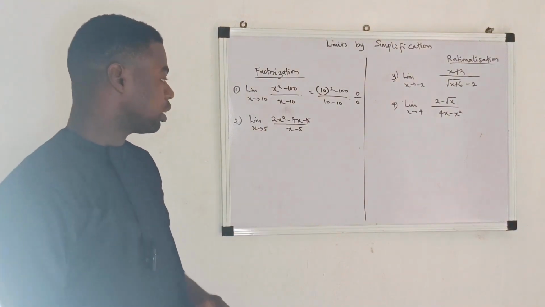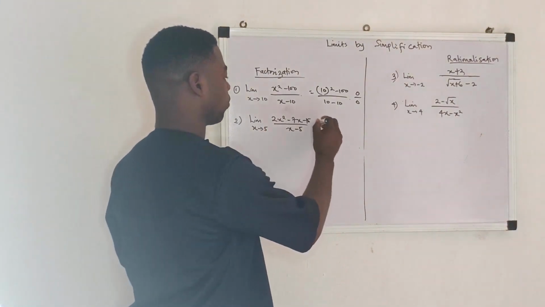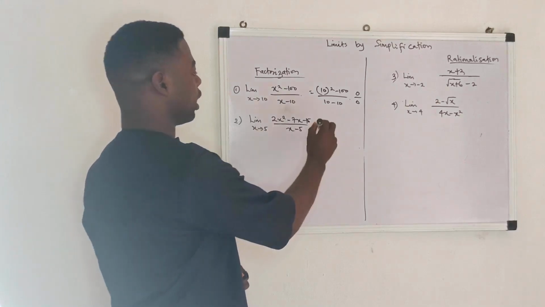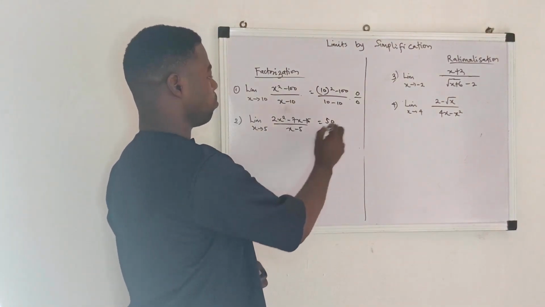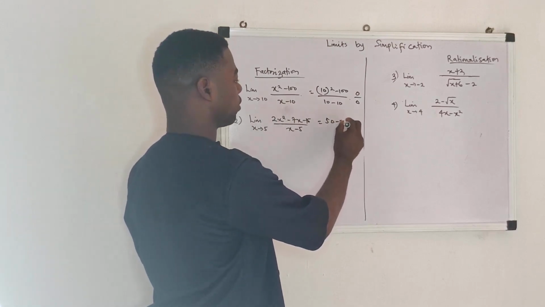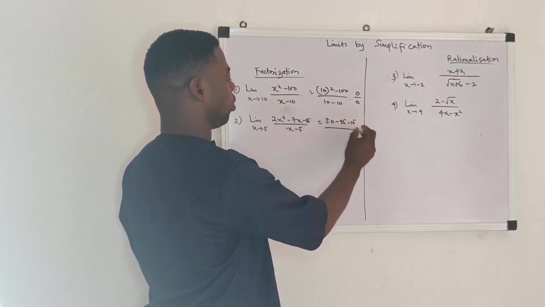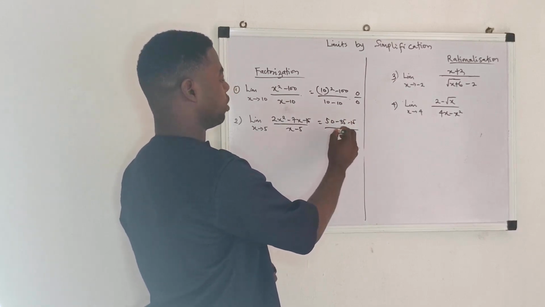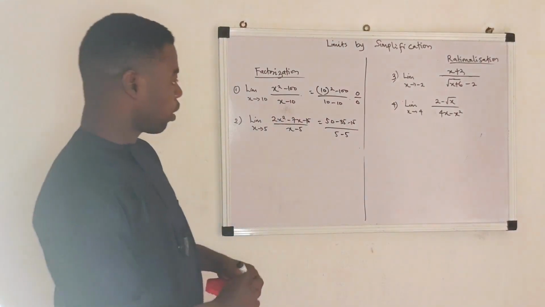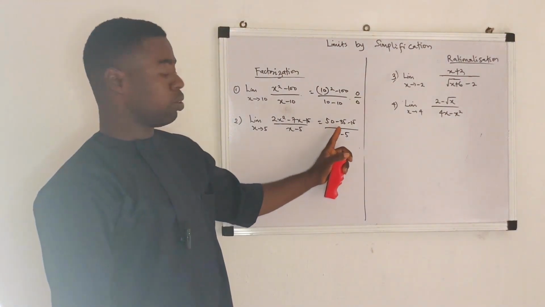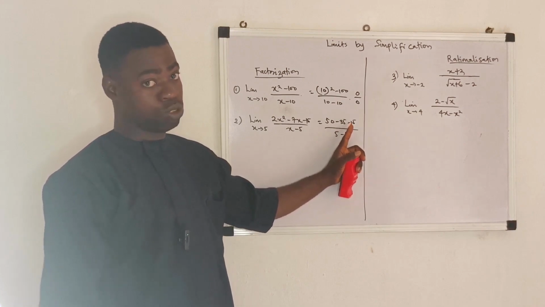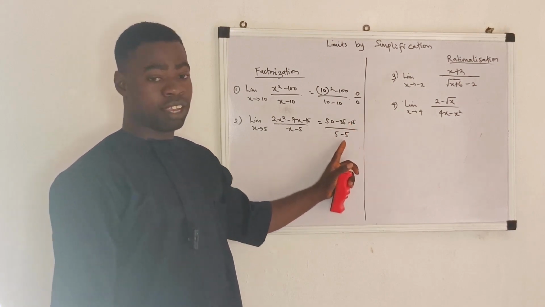If you substitute 5 for x, then 5 squared is 25, 25 times 2 is 50, minus 7 times 5 which is 35, minus 15, all divided by 5 minus 5. 50 minus 35 gives you 15, 15 minus 15 gives you 0, and 5 minus 5 gives you 0.